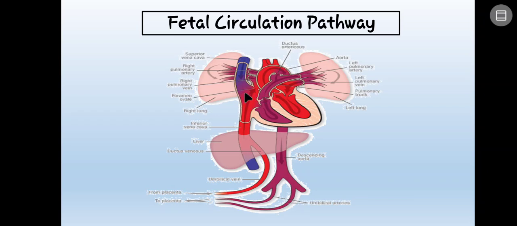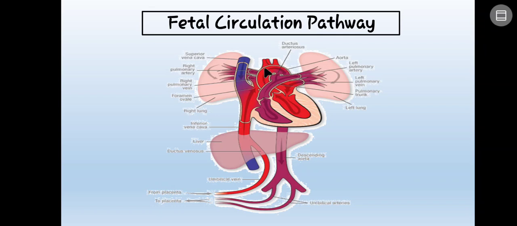Now, the blood that moves from the right atrium directly into the left atrium also comes into the left ventricle. Then it is pumped into the aorta.